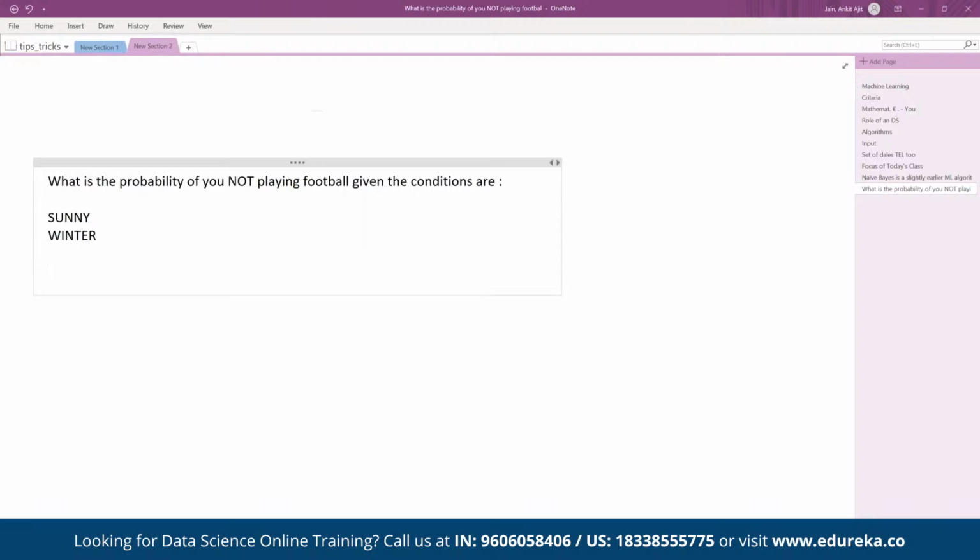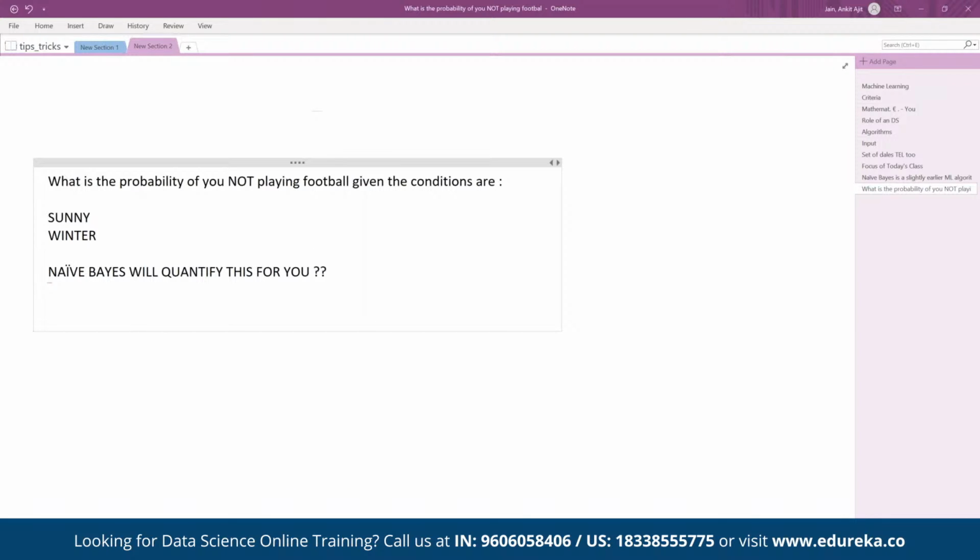It will not be 0 or 1, it will have a value between 0 and 1. You need to quantify that. This is exactly what Naive Bayes will do. Naive Bayes will quantify this for you.